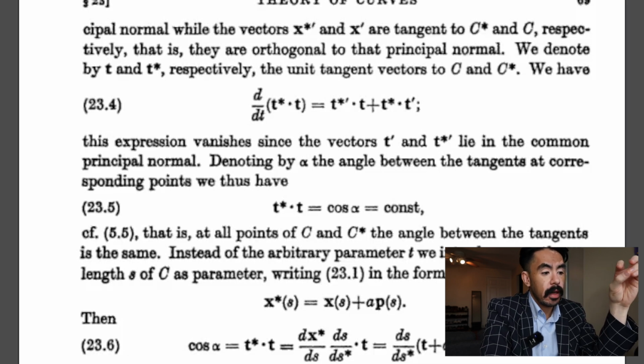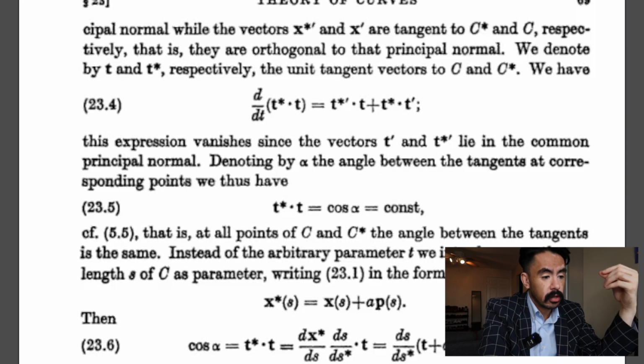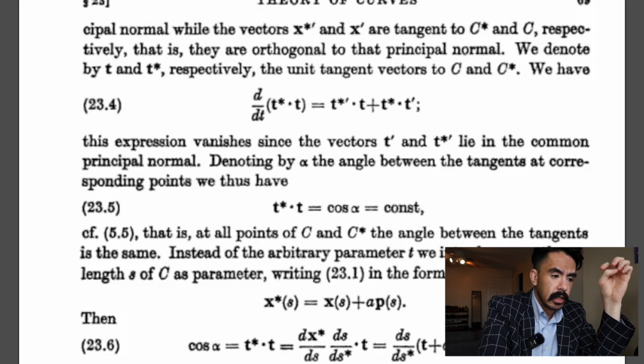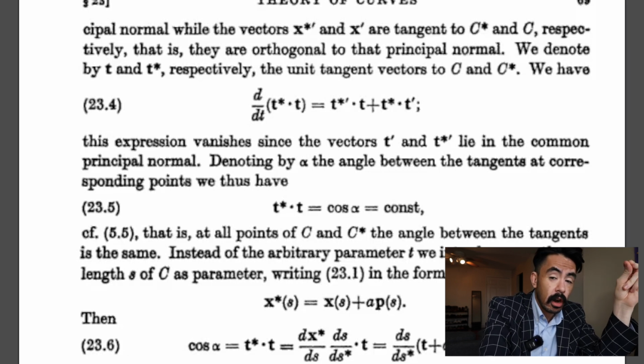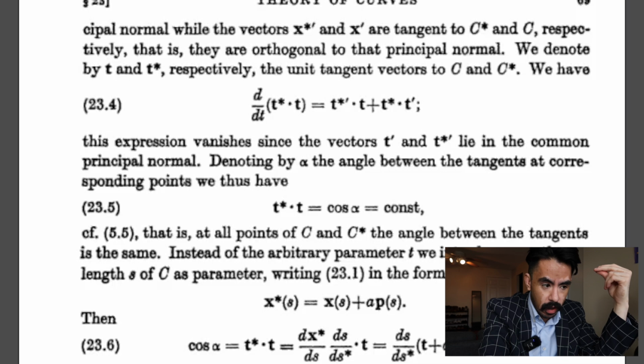We denote by t and t star respectively the unit tangent vectors to C and C star. We have the following expression: d dt of t star scalar product with t is equal to t star prime scalar product with t plus t star scalar product with t prime.